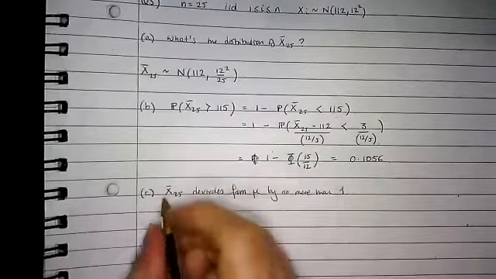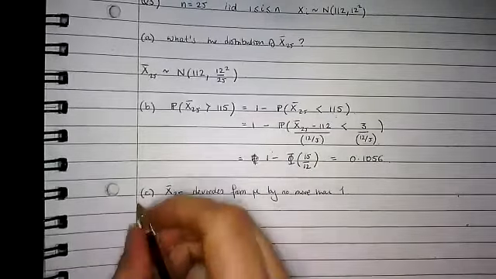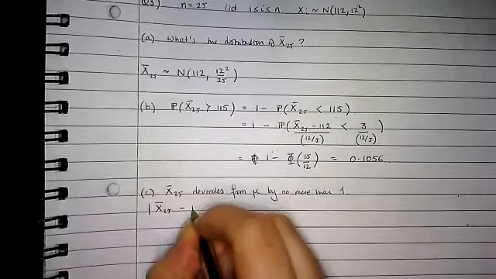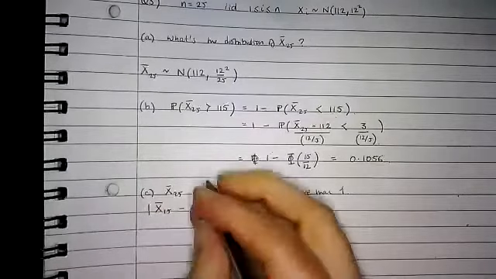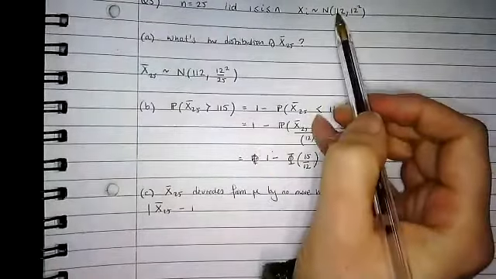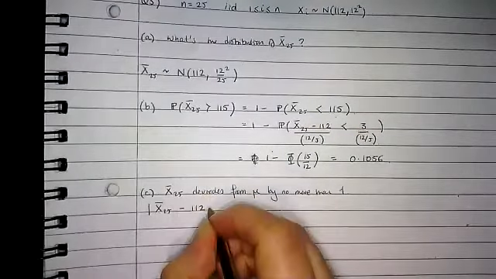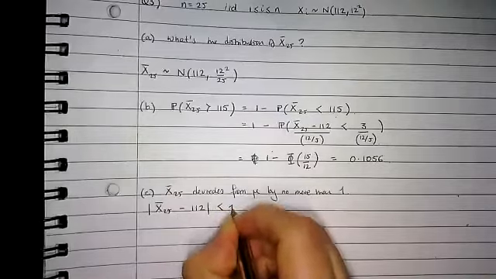To write this as one line of maths, one thing I could write would be the absolute value of the difference between x bar 25 and the population mean, which is 112, is less than 1.